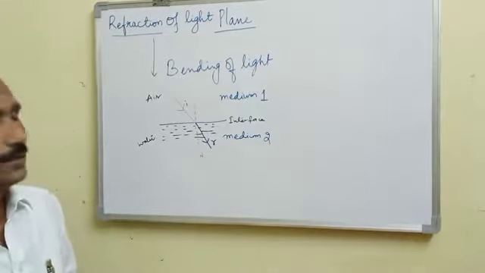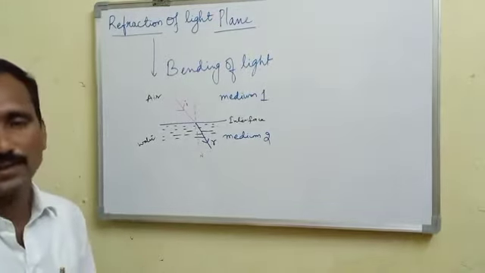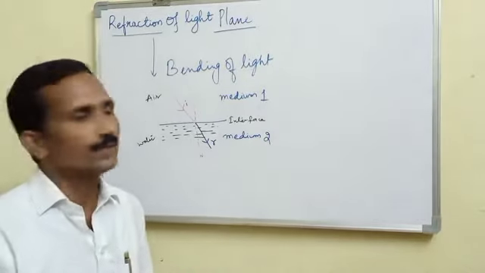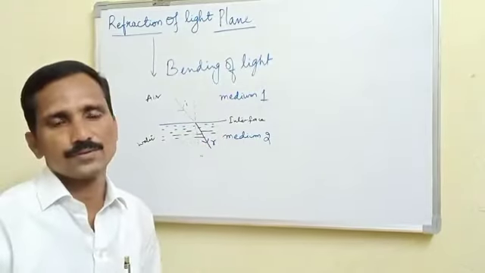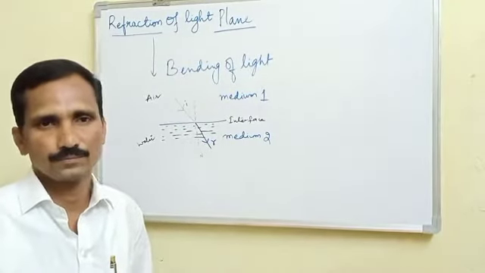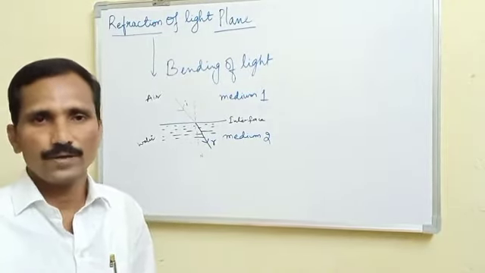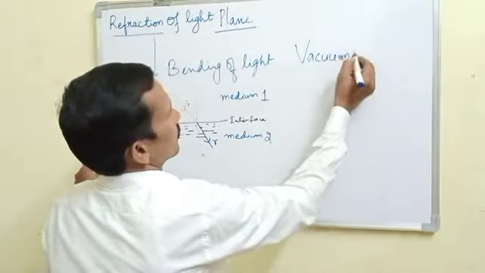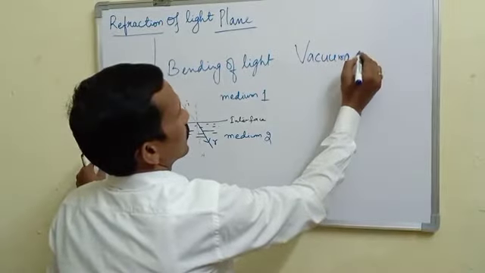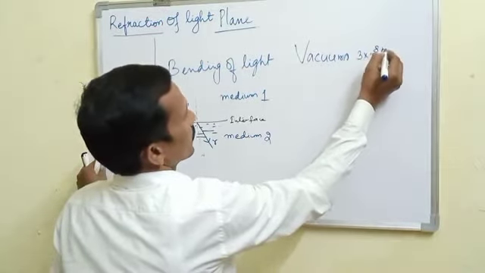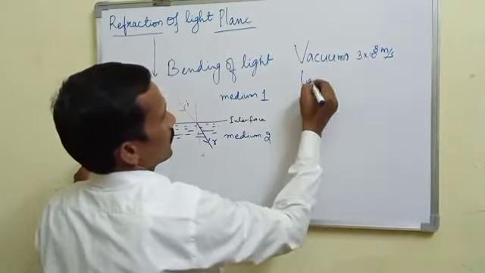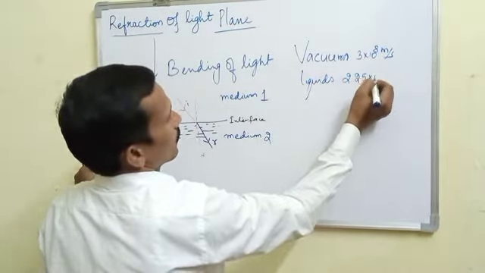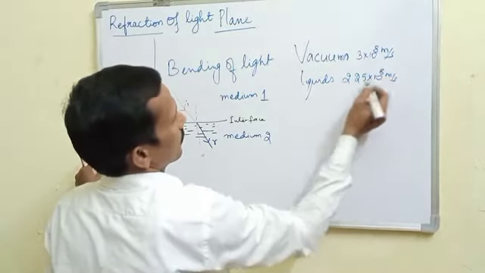And one another point, why does the light bend? Because of the change in the speed of light in different mediums. We know very well, in vacuum the speed of light is 3 into 10 to the power of 8 meters per second. In liquids approximately 2.25 into 10 to the power of 8 meters per second.